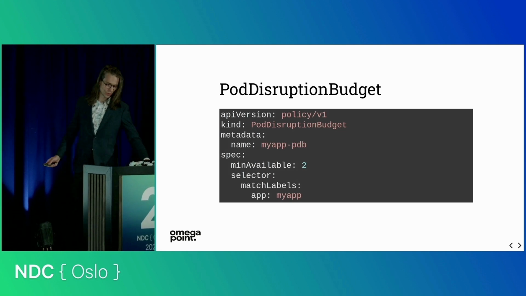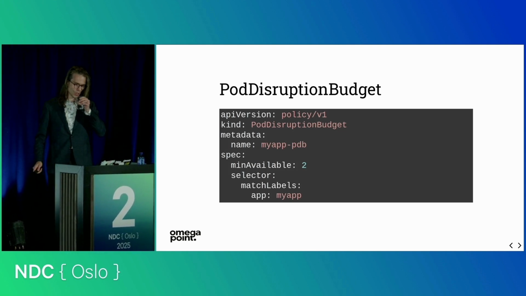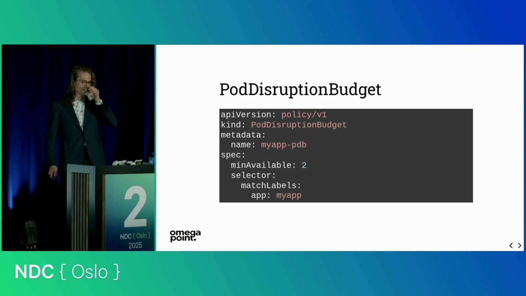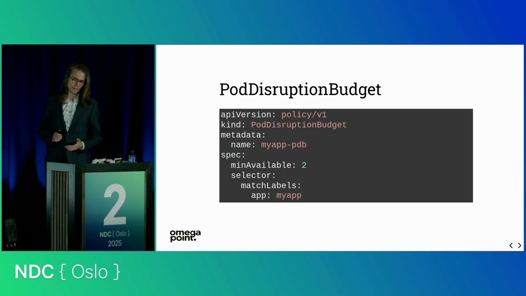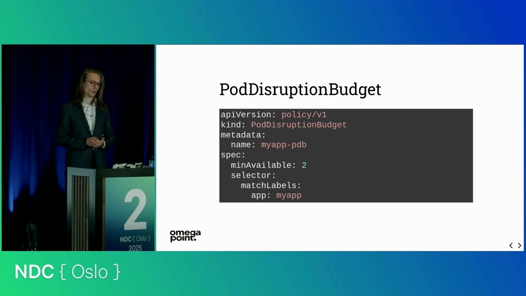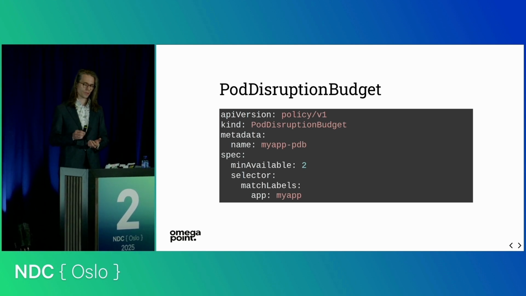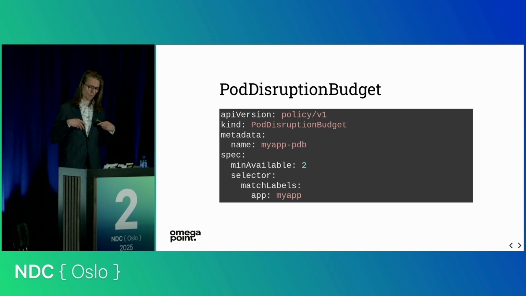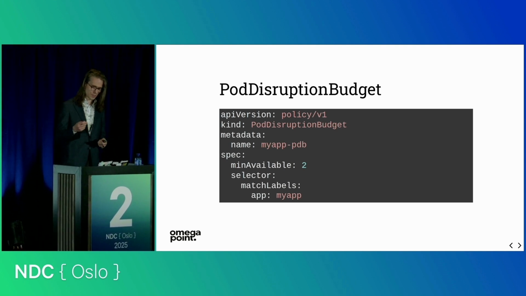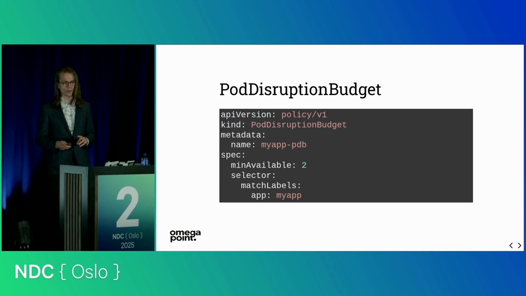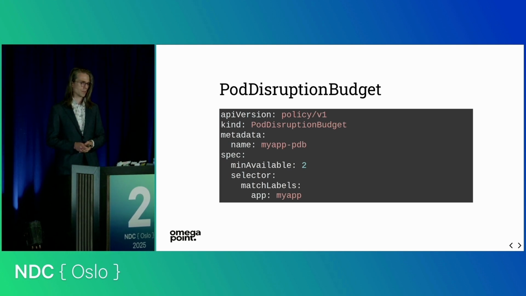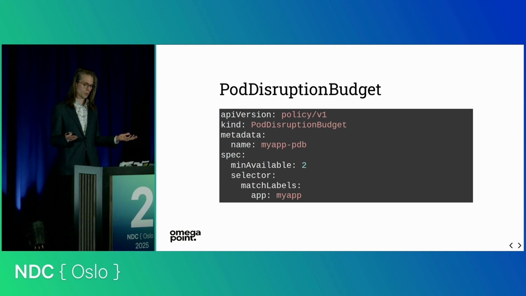Then we have something similar called a pod disruption budget. This is used not for releases or rolling updates. It's used when you reschedule a pod, because there are 2 reasons why a pod might be taken down in Kubernetes. One is if you update the deployment.